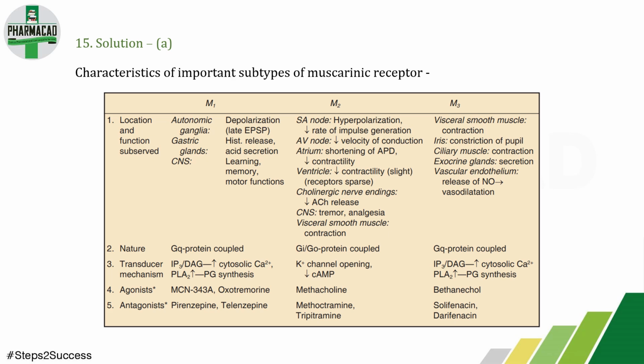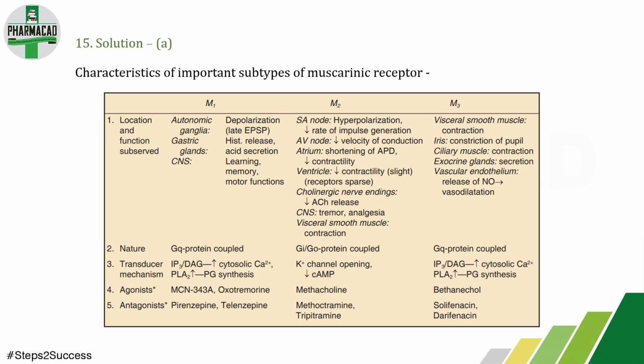So you need to know the muscarinic receptors and their classification. This is the table here. Let's go to the examples. The agonists are oxotremorine, methacholine and bethanechol. But the antagonists are pirenzepine, telenzepine, methoctramine or tripitramine, and solifenacin and darifenacin.